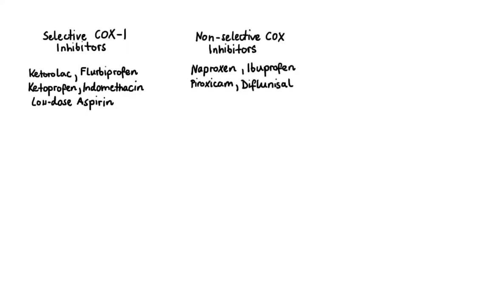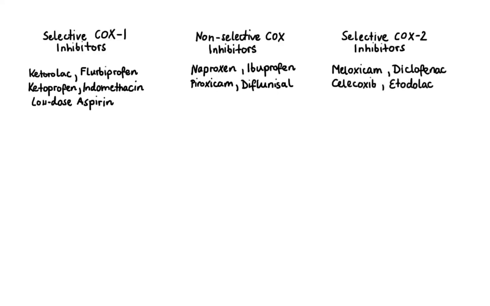And finally, in the third category, we have selective COX-2 inhibitors, which include meloxicam, diclofenac, celecoxib, and etodolac. Now, this relative selectivity for the COX enzymes explains some of the differences in efficacy and safety of these NSAIDs.